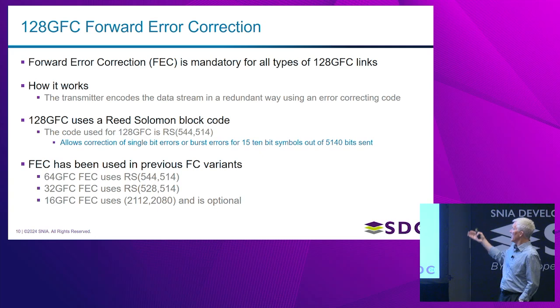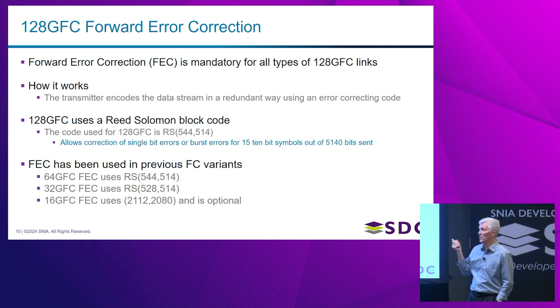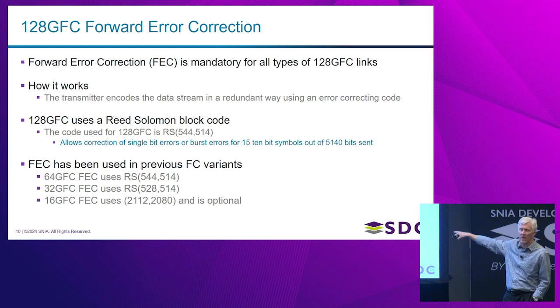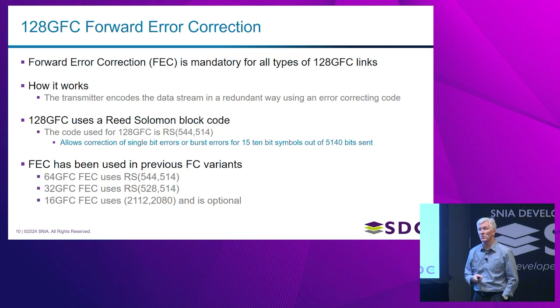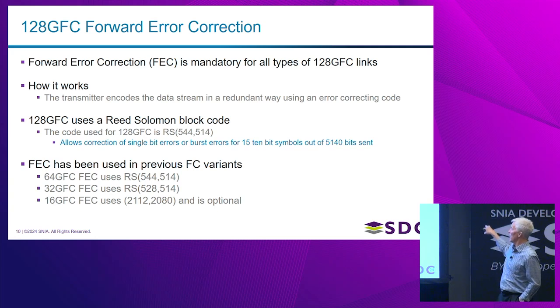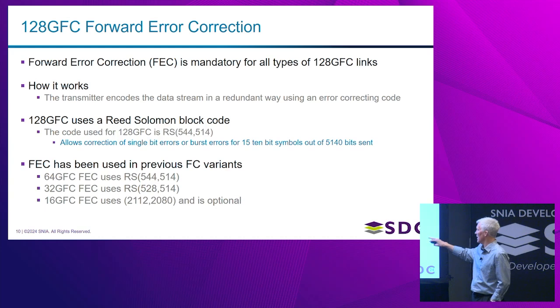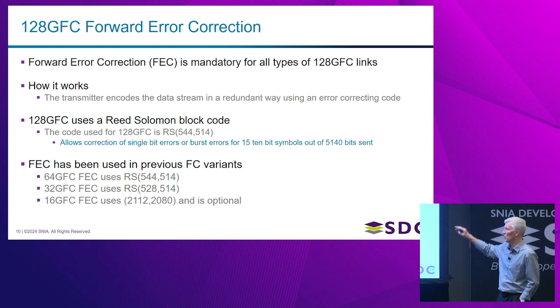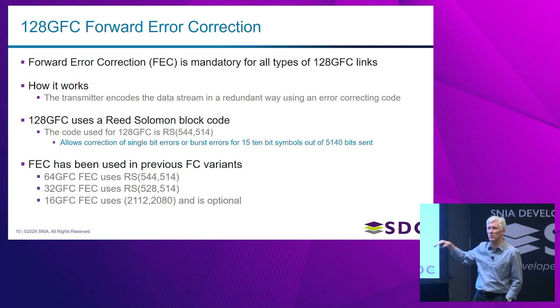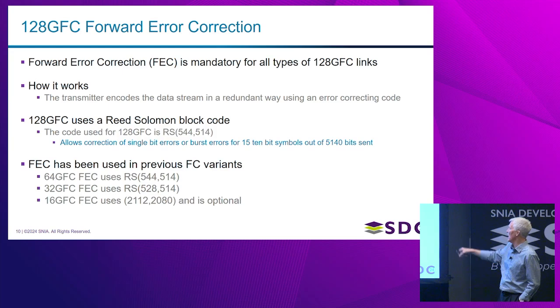With 128 gig, we're using a Reed-Solomon block code. You can see here it's 5,140 bit streams that are divided up into 15 symbols. And then spread across those symbols are the error correcting mechanisms so that we can then correct errors across each one of those symbols. You can see at the bottom of the chart where we've advanced. 16 gig, it was, and I forget the name of the mechanism that you used. It wasn't Reed-Solomon. But the bit stream was a 2112-bit stream and a single symbol at 2080 characters.